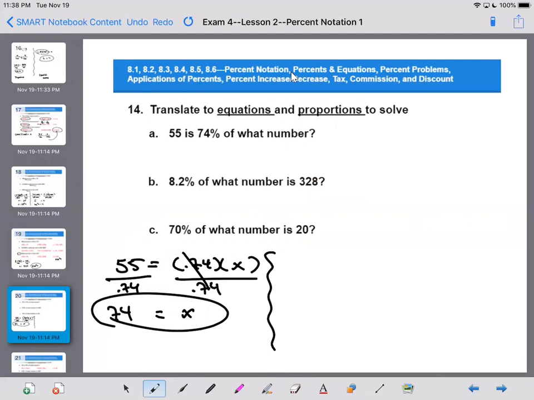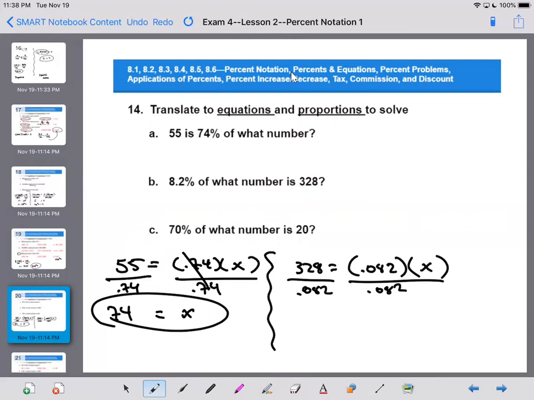8 2/10% of some number is 328. So 328 is equal to 8 2/10% of something. So you're going to divide both sides by 82 thousandths.